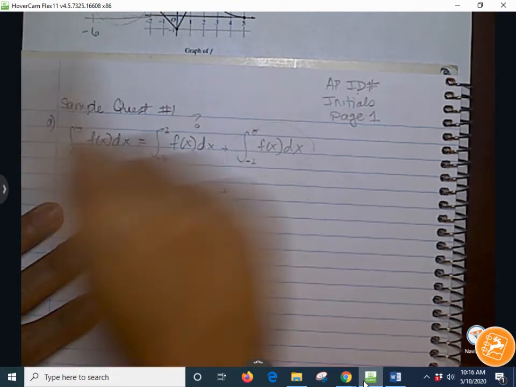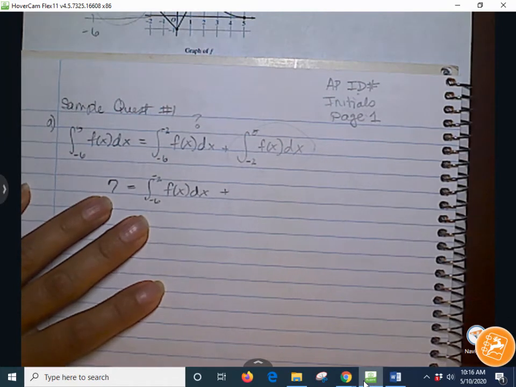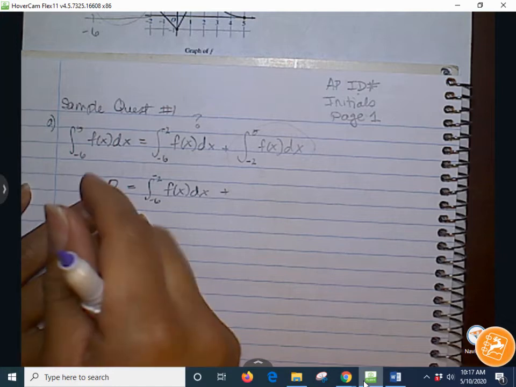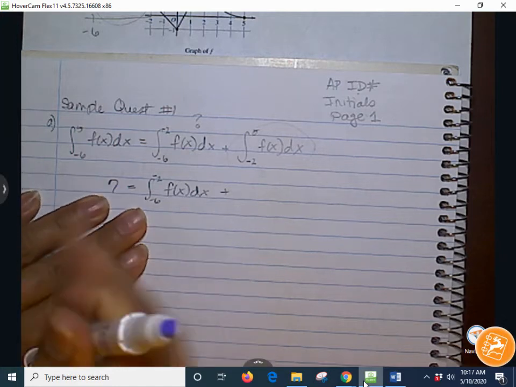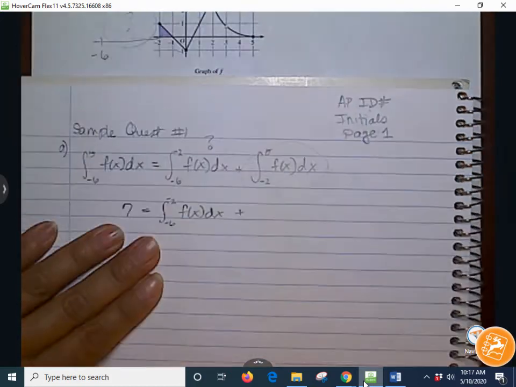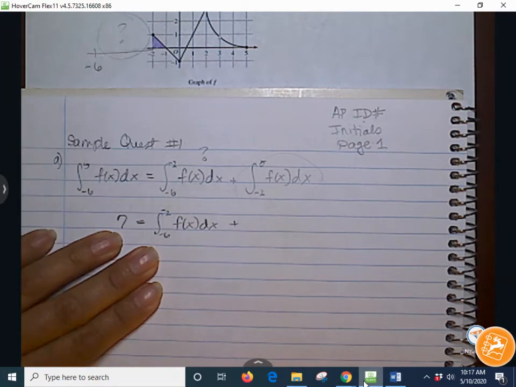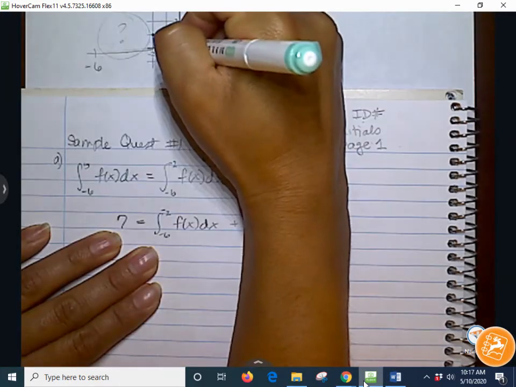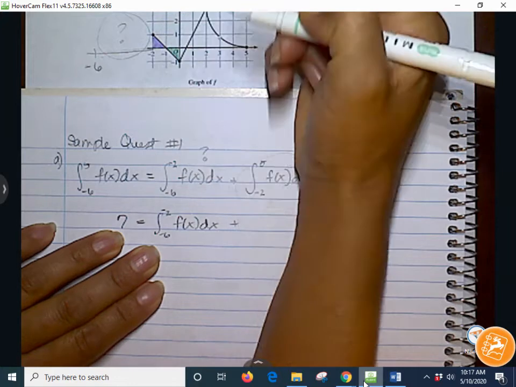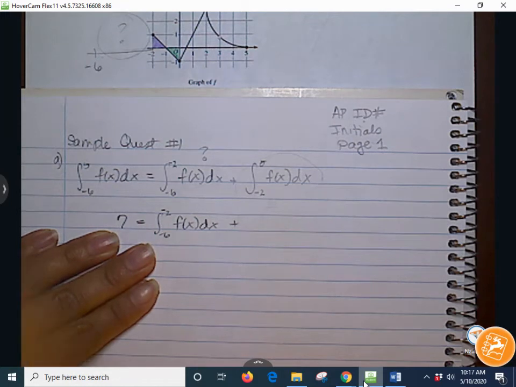-2 to 5. So that's all of this area between the curve and the x-axis. The first thing I'm going to notice is that this area and this area are equivalent, at least the absolute values are equivalent, but they will cancel each other out because one is positive, one is negative.